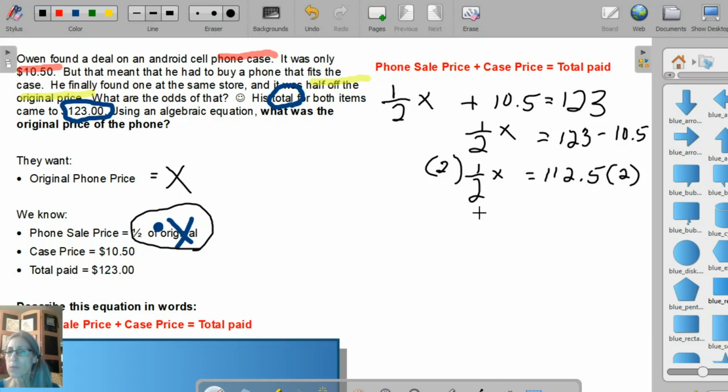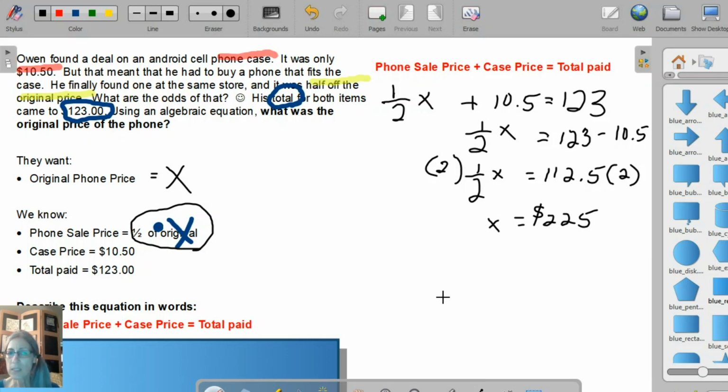So 2 times 1/2 is just 1 times X, which is X. And then 112.5 times 2 is 225. So that means that 225 is the original phone price.